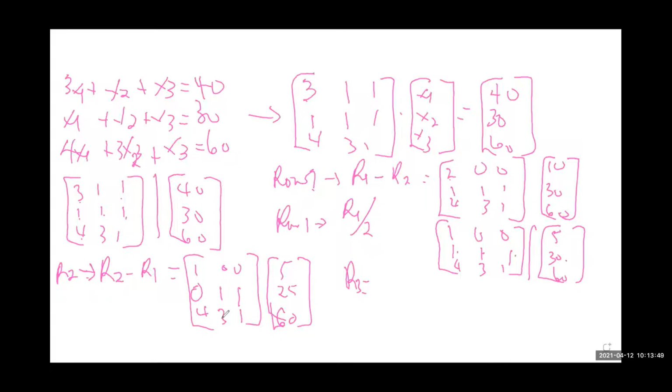Yes, Richie, your hand is up. Please go ahead. Okay, for row 3, I think we can multiply row 3 by row 2 so that we get the 4 as 0. Multiply row 3 by row 2? Okay, so you cannot multiply a row by a row.